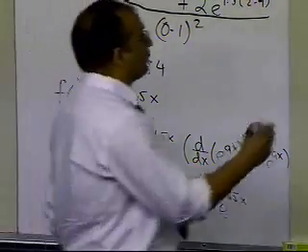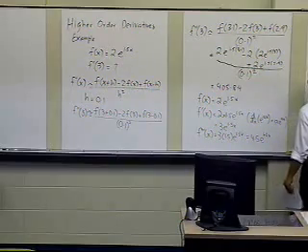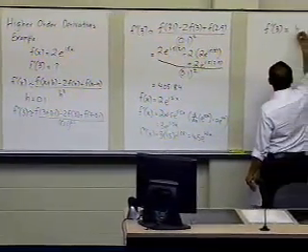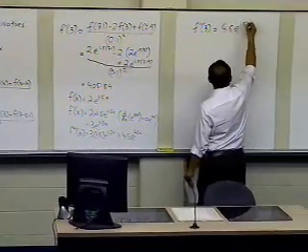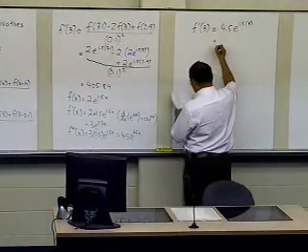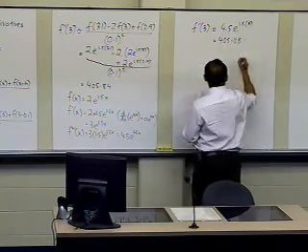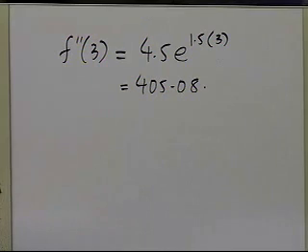Now, since I'm comparing it with the value at 3, f double prime of 3 is exactly equal to 4.5 e to the power 1.5 times 3, and this value turns out to be 405.08. That's the exact value of the second derivative of the function at 3 up to 5 significant digits.